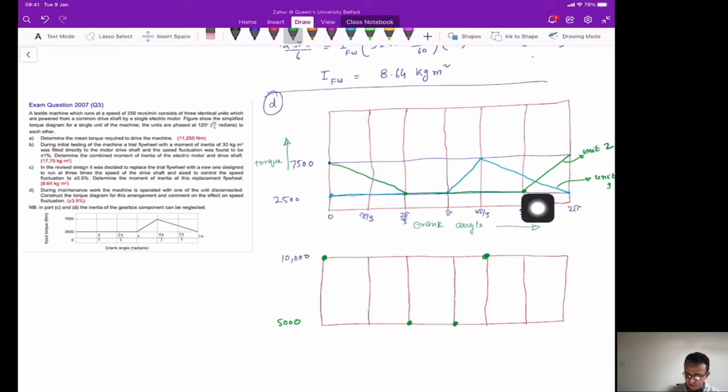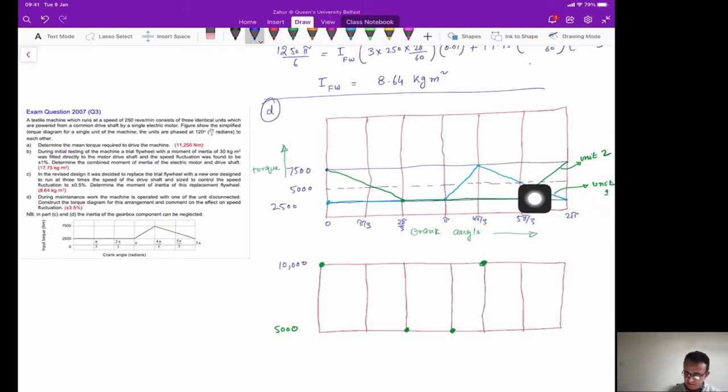So at this point you have one is 2500, and we know that this value here is 5,000.